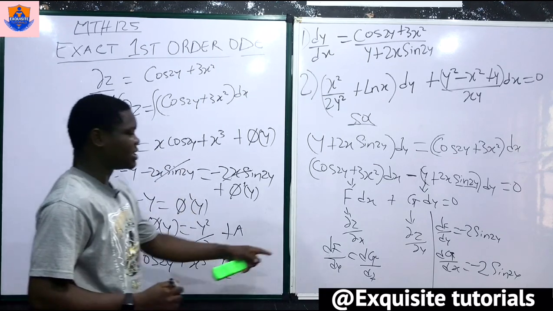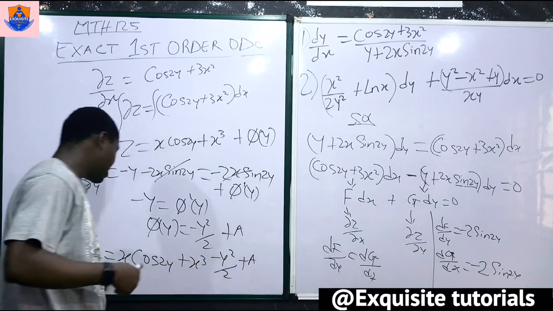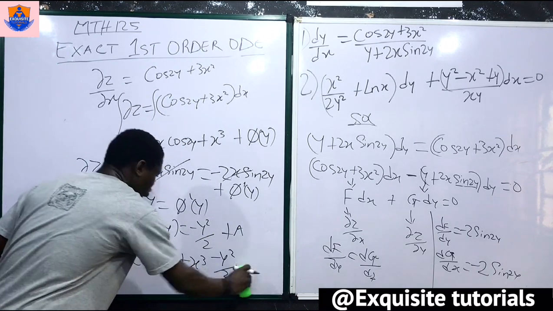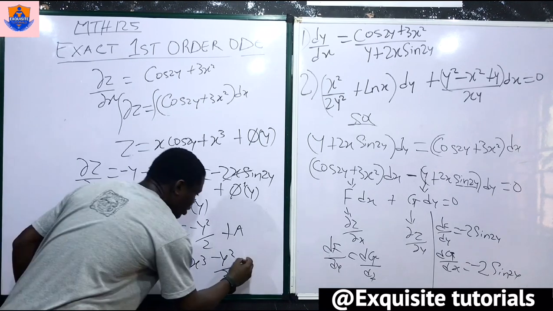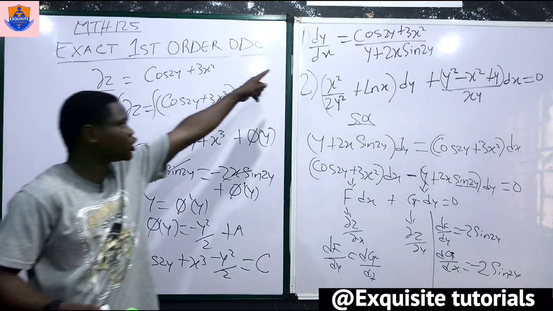Remember we said our dz is 0, meaning that our z is always a constant. So a constant minus a constant will give you a constant. So let's take everything to be a constant c. So this becomes the solution to this differential equation.